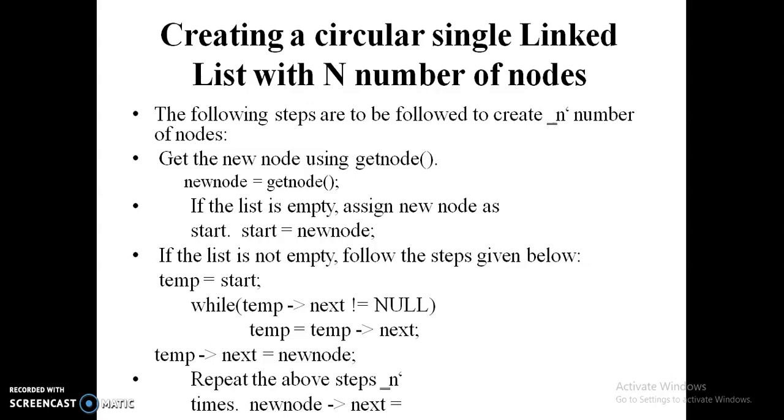This is actually the case for the normal linked list, but to add a node to the end of the circular linked list, we need not check up to null. We need to check until temp's next is not equal to the start pointer. That is, until temp's next equals start, we repeat the loop. Whenever it becomes equal, we assign our new node to temp node's next.